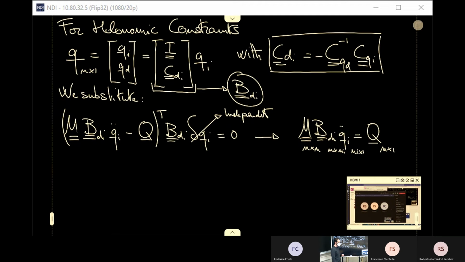All right? So what we want to do, and what is typically done, is to basically pre-multiply this equation here by B_di transposed. Okay? Of course, we have to pre-multiply both of the terms. So pre-multiply by B_di transposed. And what we get is the following. Very straightforward.